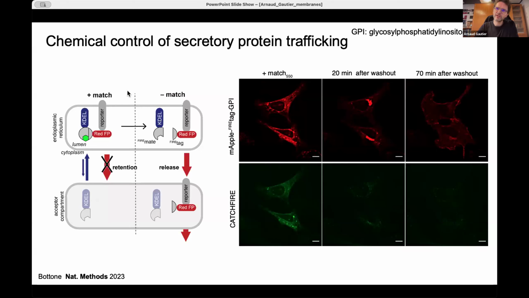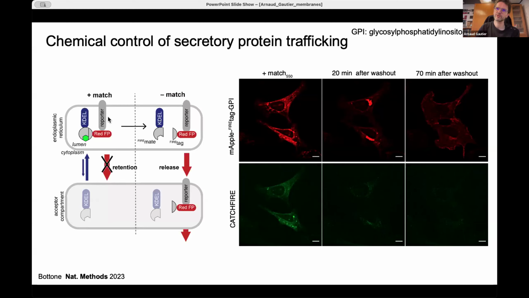Here the idea is to have a reporter protein whose secretion you want to control. You fuse it to FIRE-tag, and you co-express it with FIRE-mate fused to an ER retention signal like this KDEL signal. You co-express the two proteins in the presence of the MATCH molecule, so the protein gets retained in the ER, as you can see with this localization.